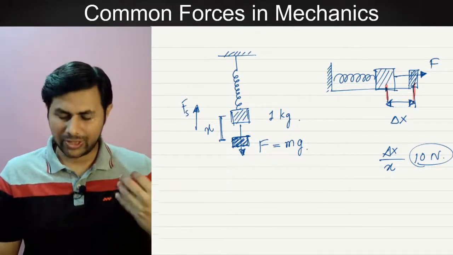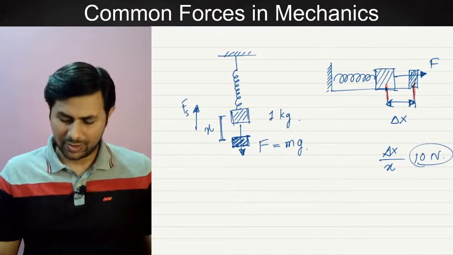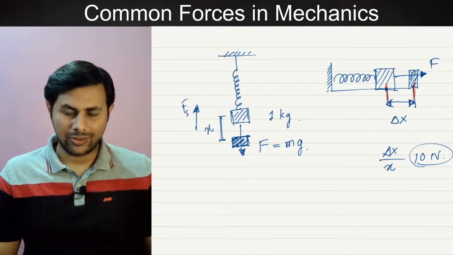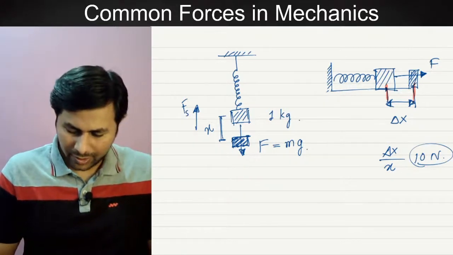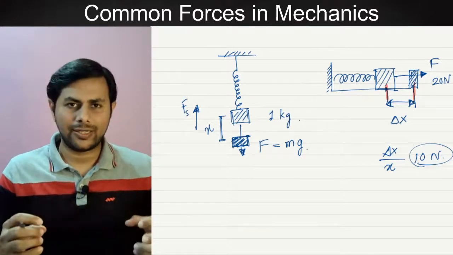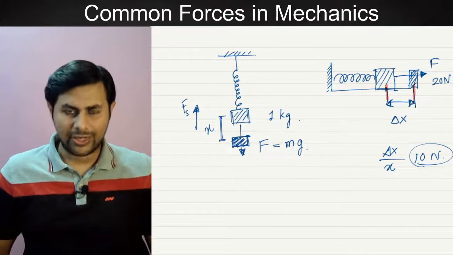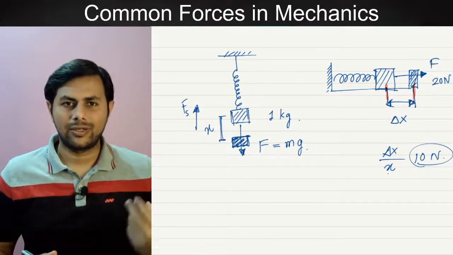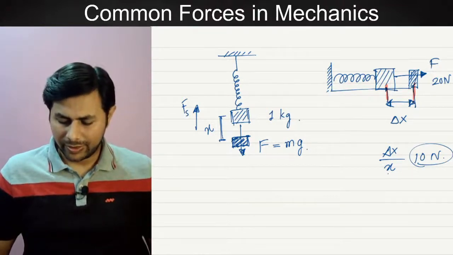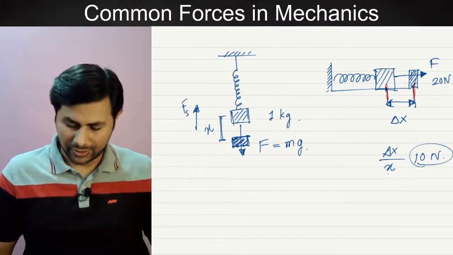If the force is 20 newtons, the displacement will be how much? 2 times of X. So let's suppose this F is equal to 20 newtons. How much will be delta X? It will be 2 times of X. So delta X divided by X will give us 2. So 2 times 10 gives us 20 newtons.